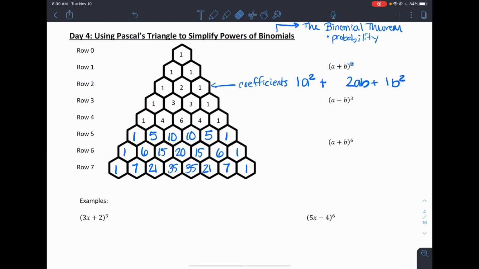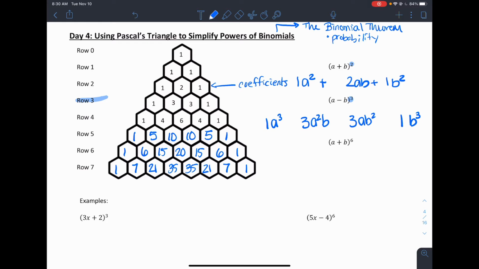All right, let's try this again. I have (a - b) to the third power. So I'm going to look at row 3, which is 1, 3, 3, 1. Those are my coefficients. And now, a cubed, a squared b, ab squared, b cubed.